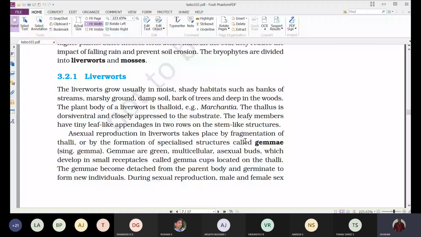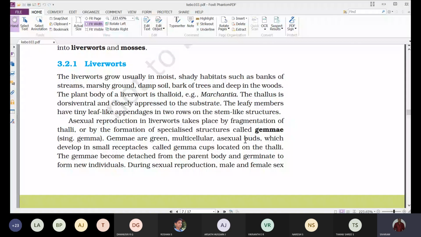And next, the plant body is thalloid like, and it is dorsiventral and substratum. That means it will grow horizontally.